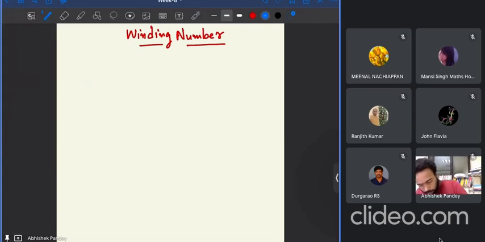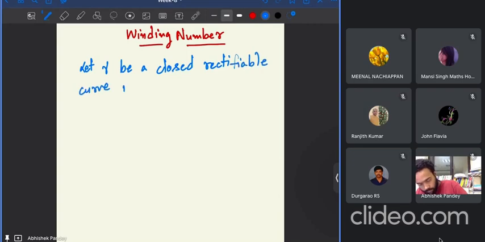Let gamma be a closed rectifiable curve in the complex plane C, and z belongs to C minus this gamma. Let me first remark something.